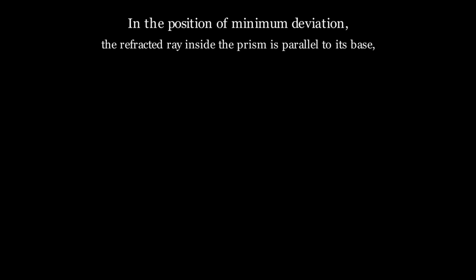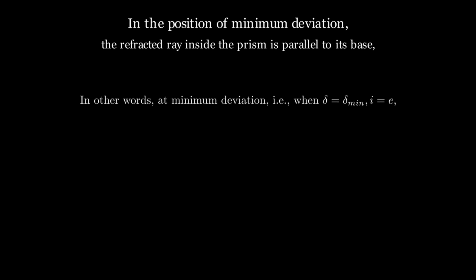At the position of minimum deviation, the refracted ray inside the prism is parallel to its base. In other words, at delta equals delta minimum, the angle of incidence becomes equal to the angle of emergence. Now if we substitute this in our final expression, I plus E equals delta plus A, delta minimum will become equal to 2I minus A.